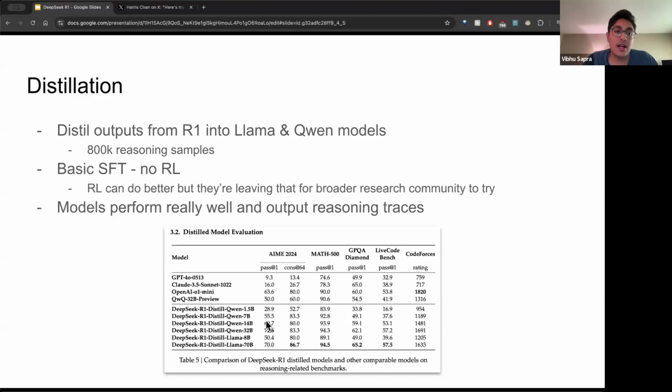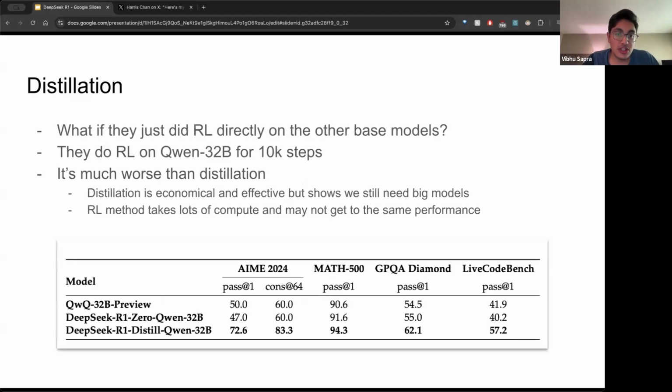They'll run pretty quick. And then they had a lot of ablations, but the one that I found interesting is the question of, hey, what if we just do RL on the other base models? And they're like, okay, let's test it. Let's take Qwen 32B. Let's do our same RL for 10K steps. Well, it does better, but it does nowhere near as good as our distillation.